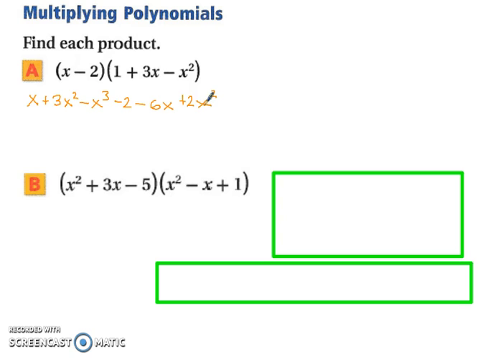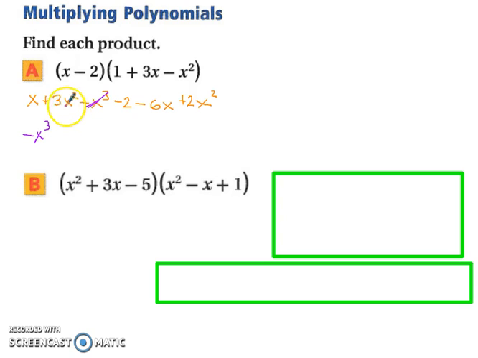We have one more step. We have to combine like terms, and then it might be best to keep things in standard form. So we have only one of our x's cubed, so we have negative x cubed.